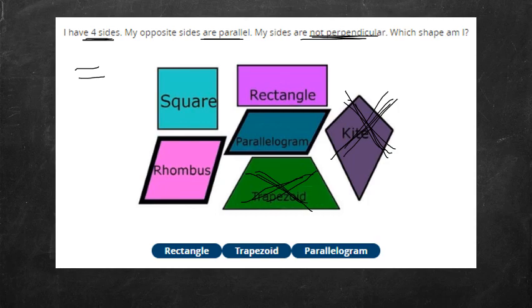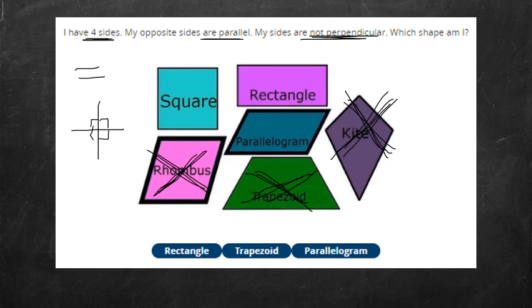So, look at the answer choices. Can we choose a rectangle, a trapezoid, or a parallelogram? Right off the bat, we don't have to worry about rhombus. My opposite sides are parallel. My sides are not perpendicular. We know that perpendicular lines are formed when 2 lines intersect and form 4 right angles.